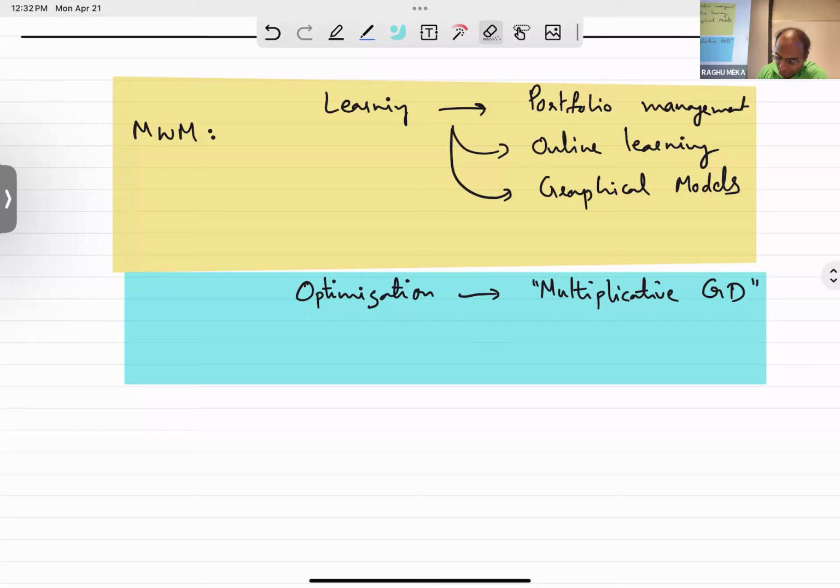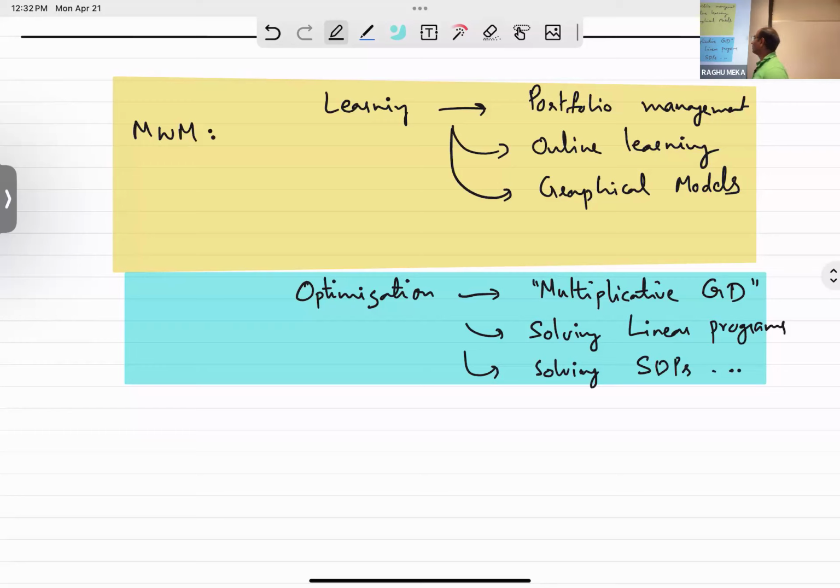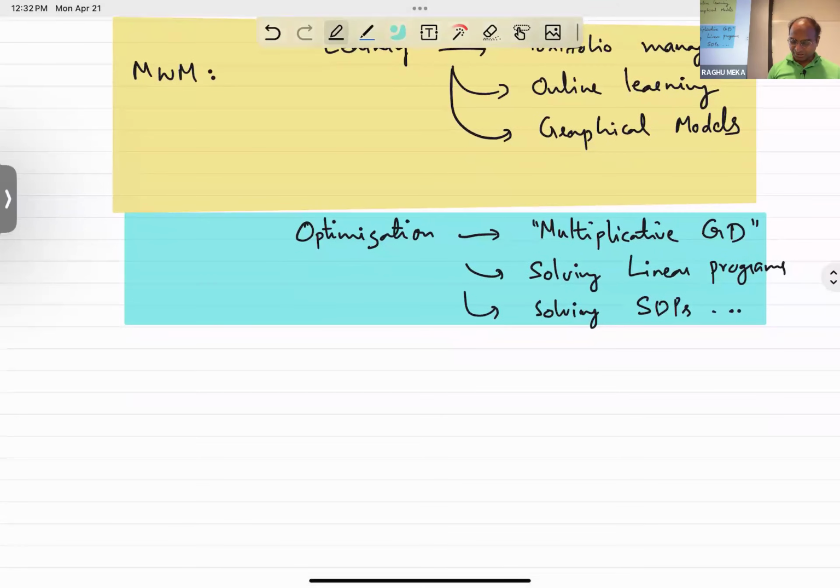For example, you can use it to give an algorithm for solving linear programs, for solving semi-definite programs and so on. Okay, so there's a whole area which just explores multiplicative weights as a method to optimize functions, with nothing to do with learning. And of course, we're not going to study that, but definitely an important application.